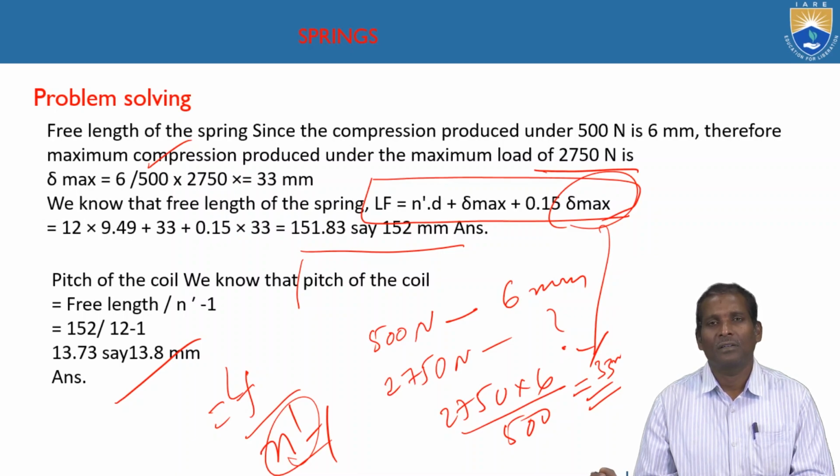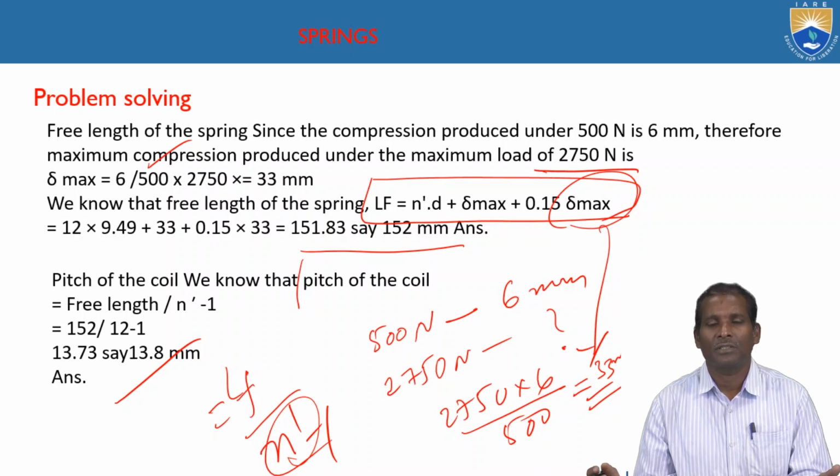Then calculate the free length of the spring. The remaining formulas you can apply, and whatever related dimensions there are for the helical compression spring, you may calculate using these parameters.